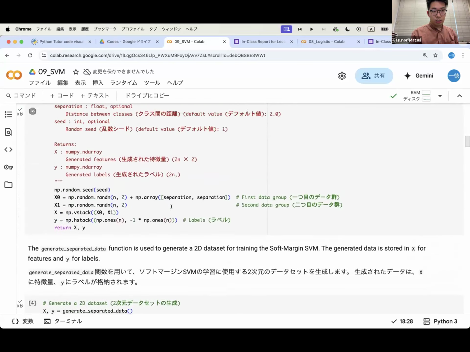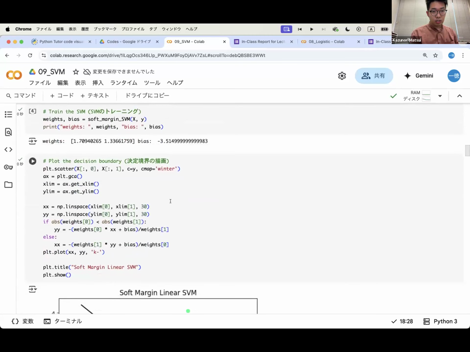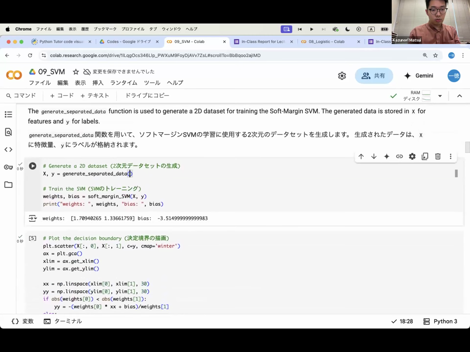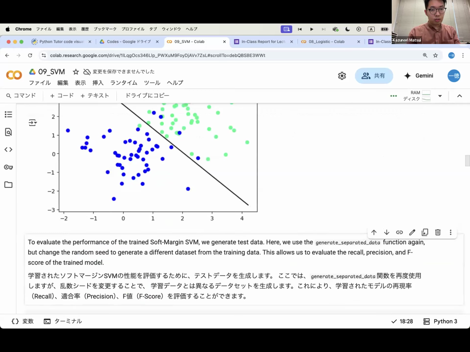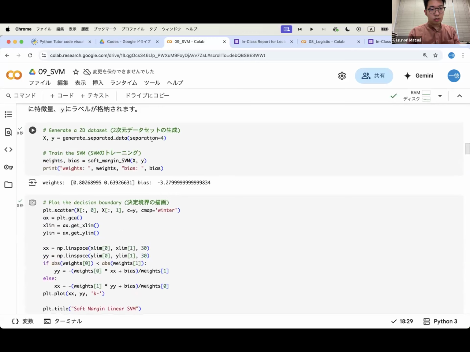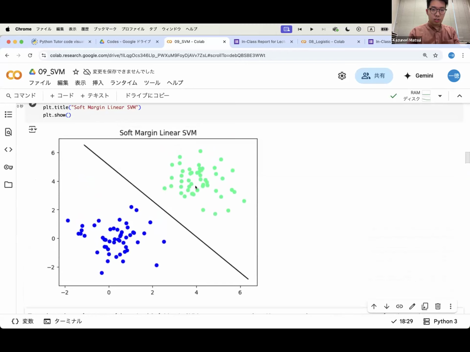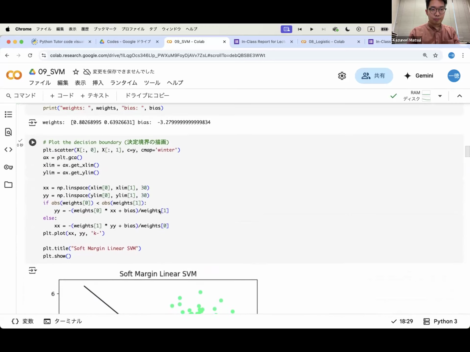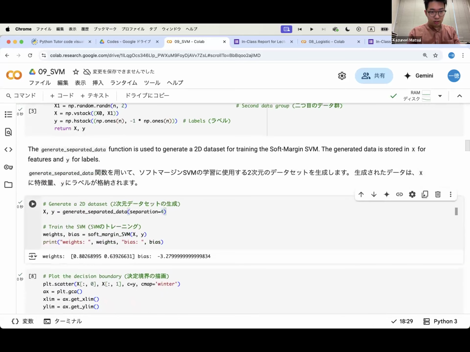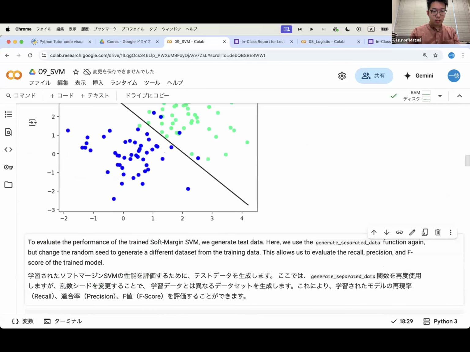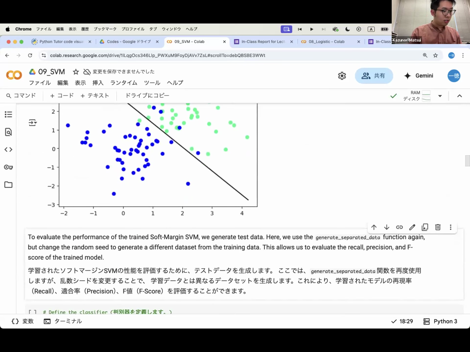So if we change separation here, the distance becomes bigger. I change it again. Okay, let's go back.